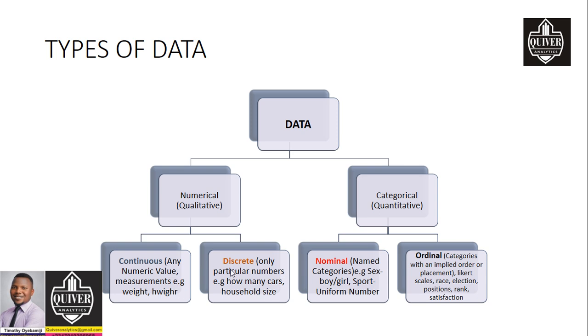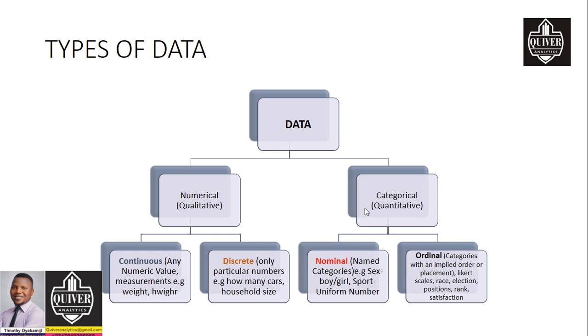Because when you have two discrete data, there are types of analysis to carry out for those. When you have two continuous data, you have other types of analysis you can carry out. The same goes for a continuous and a discrete, a dependent variable, and so on. Those are things that determine what type of test to carry out.